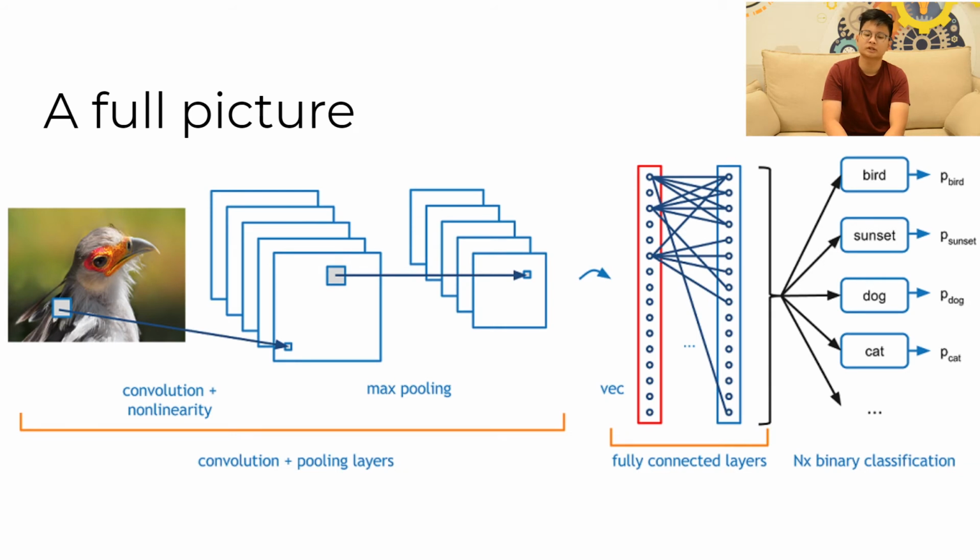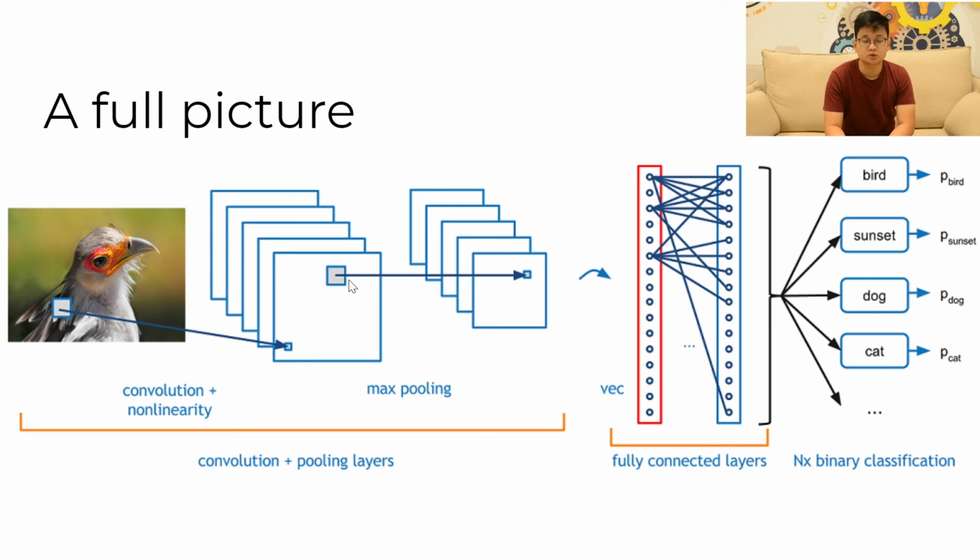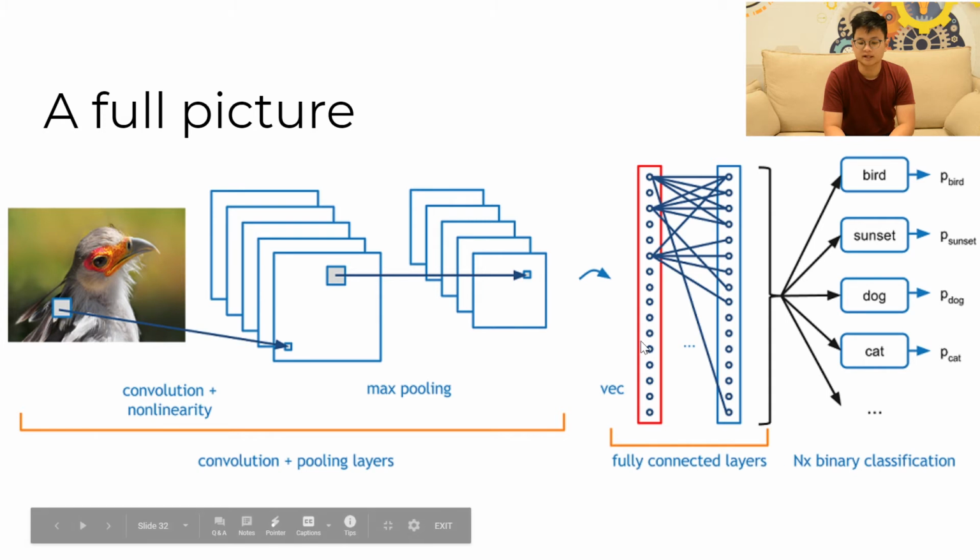So here is the full picture of a learning algorithm, convolutional neural networks. You have convolution and non-linearity, and then you have max pooling. I didn't go through the concept of max pooling here, but it's basically choosing the maximum value within a certain window. Then you have fully connected layers, and then you have a classification module.